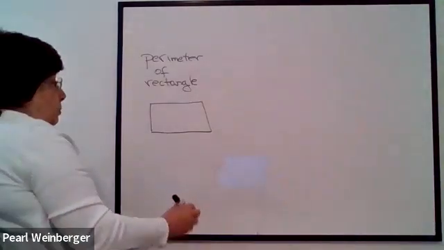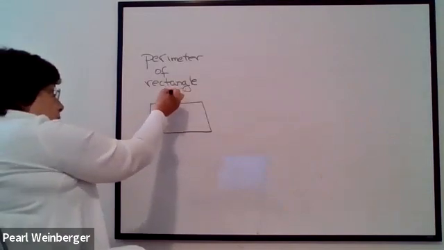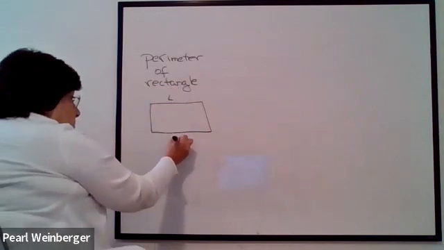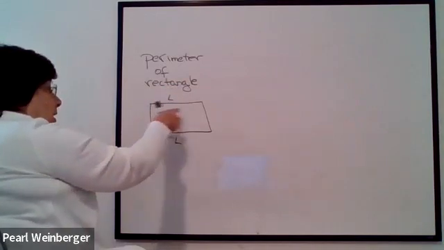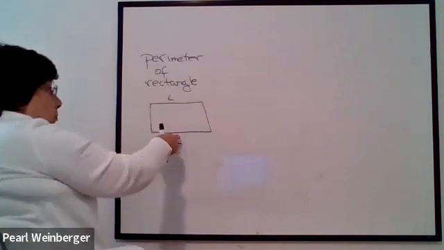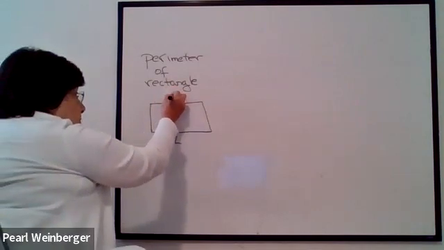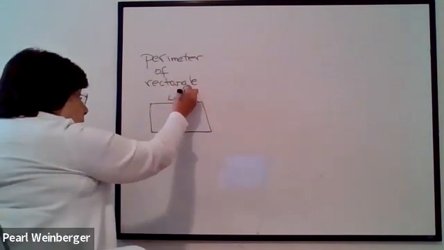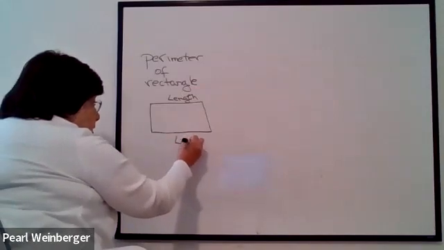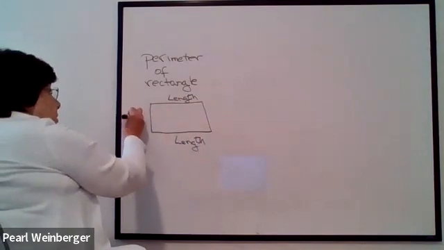How do we find the perimeter? Well, in a rectangle, two sides are called the lengths. Notice the opposite sides of the rectangle are equal. That's what makes it a rectangle. So this one is a length. And this is also a length. And two sides are called the width.